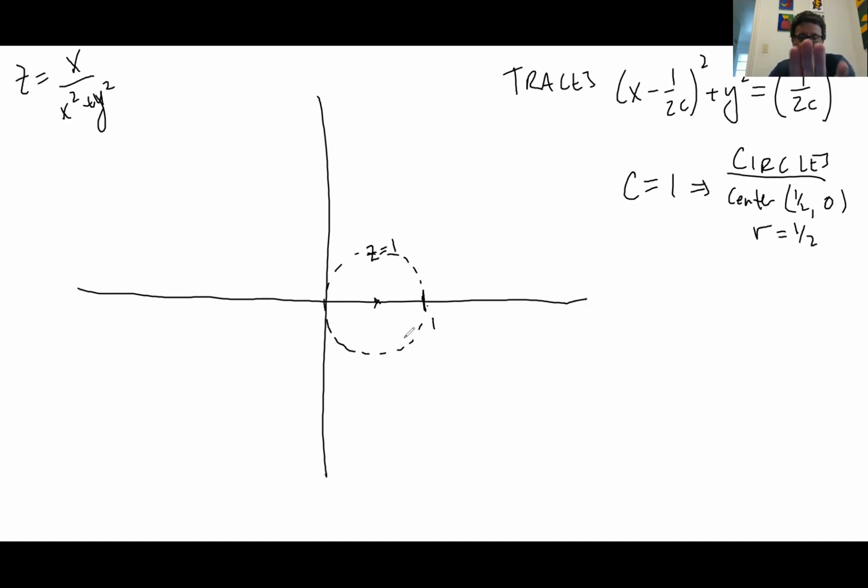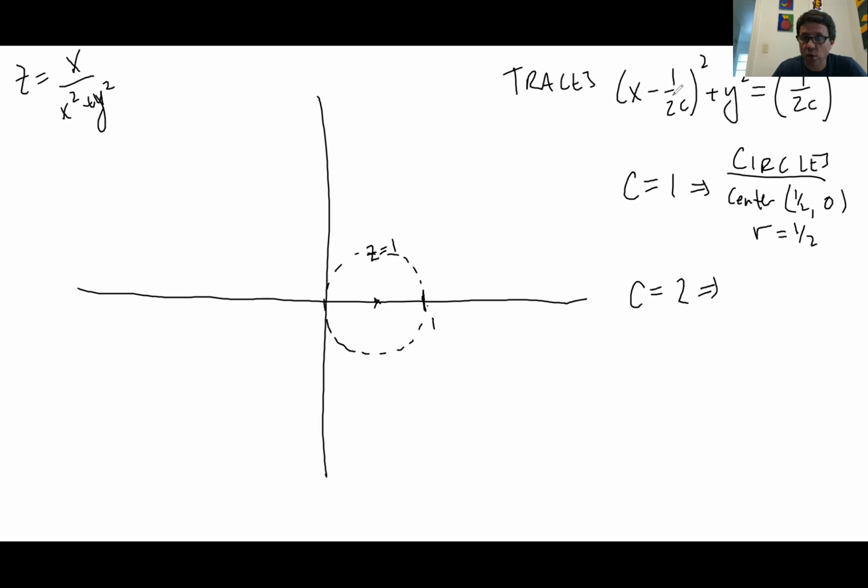So that's what it's going to look like. So in 3D, if the z is coming out of the screen at you, you'd have to lift that 1 unit up. So that's if c is 1. What happens if c is 2, for example? If c is 2, so if I wanted to go 2 units on the z-axis, what does that look like?